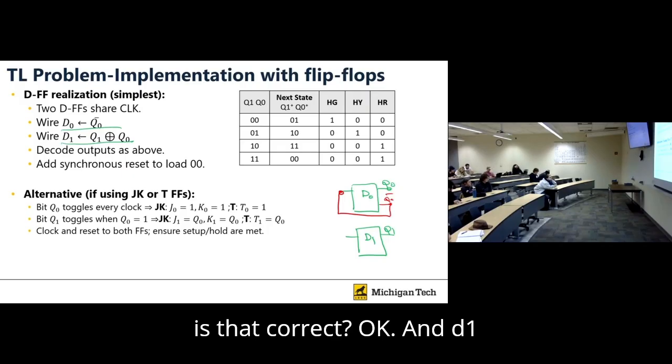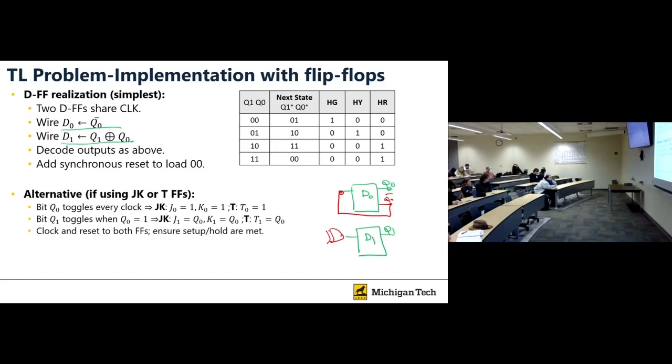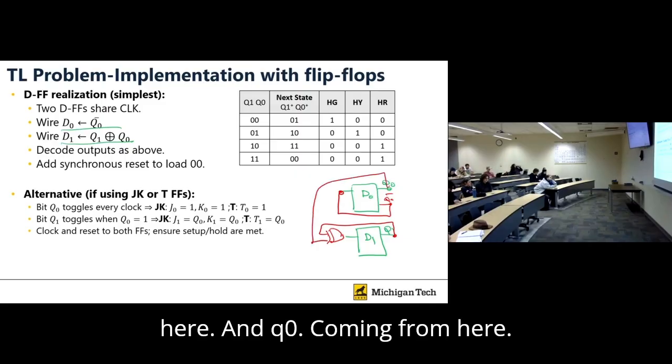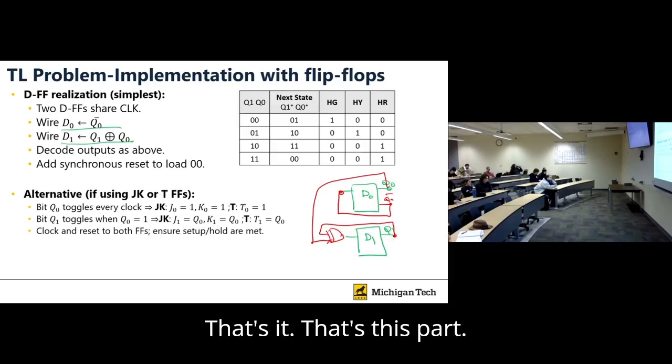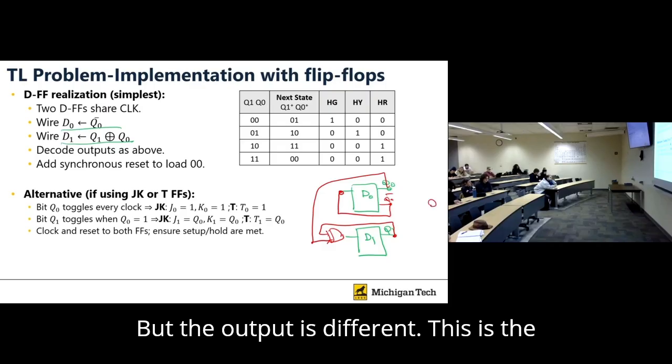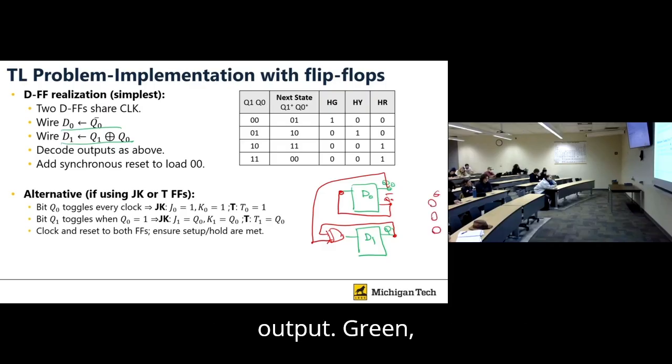And D1 is the XOR of D1 coming from here and Q0 coming from here. That's this part, but the output is different. This is the output: green, yellow, and red.